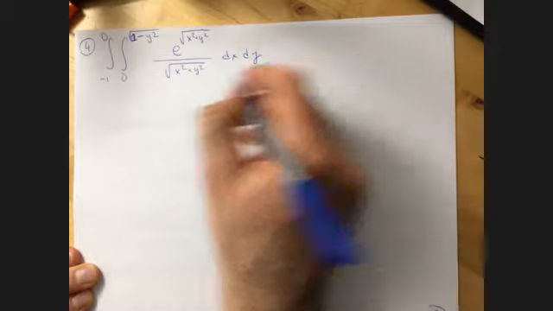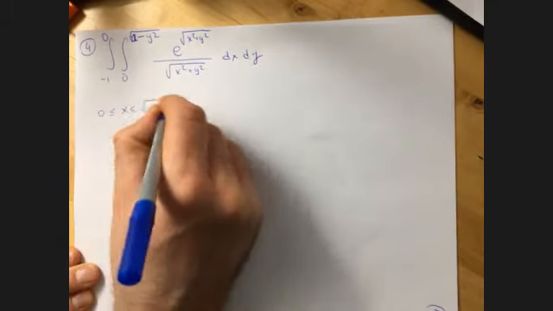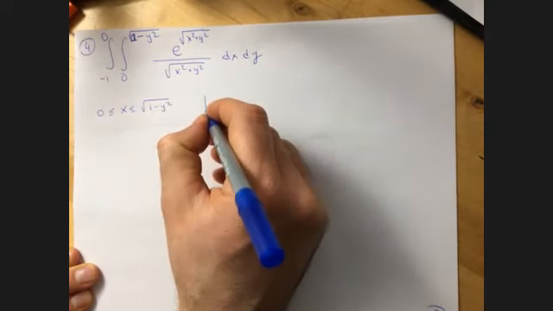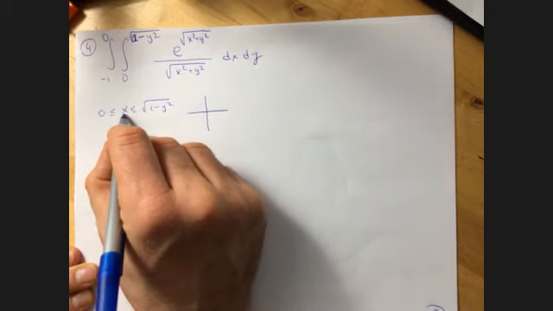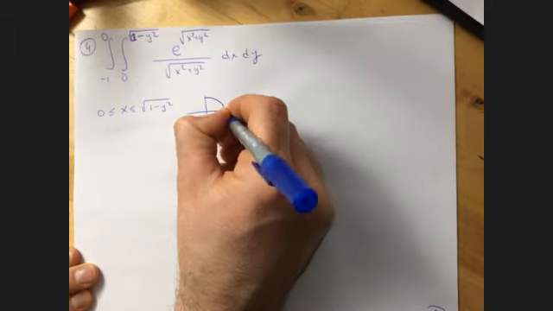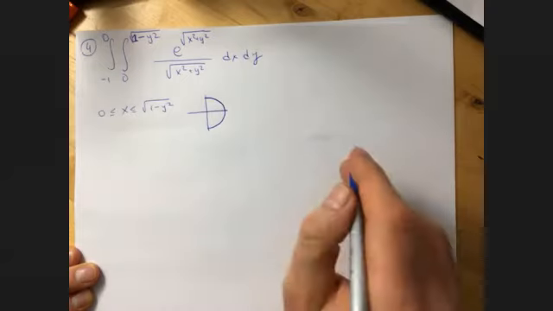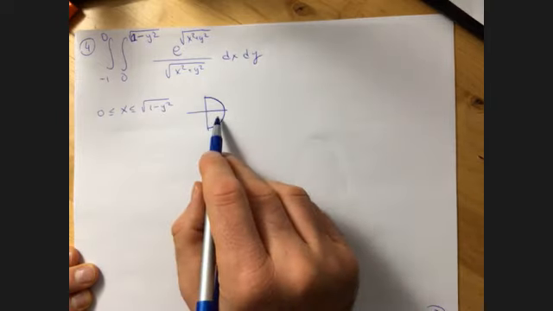Okay, so let us see here, x is between 0 and square root of 1 minus y squared. We already worked with this inequality, x is less than square root of 1 minus y squared, in one of the previous examples, and that was just the semicircle to the right of the y-axis.